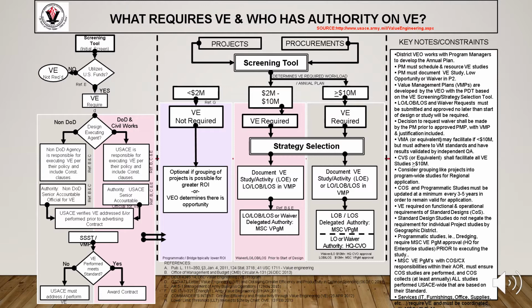For projects of less than 2 million, they don't require value engineering, but for all projects over 2 million, value engineering is required. And that is because the potential for savings on large infrastructure projects from the Army Corps of Engineers, including the construction phase and later on in the maintenance phase and all other contracts, those potential savings are very large, and very large for the taxpayers and for the budget of the Army Corps of Engineers.